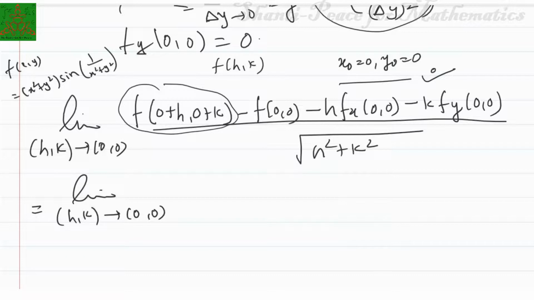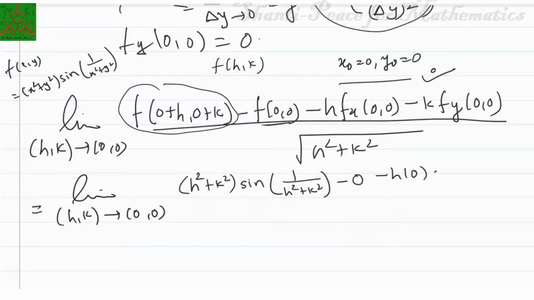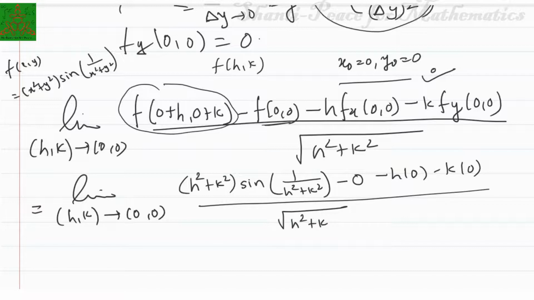So according to this, it will be h square plus k square into sine of 1 upon h square plus k square, minus f(0, 0), which is already given as 0. fx at (0, 0) we have calculated as 0, and fy at (0, 0) is also 0, divided by the square root of h square plus k square.